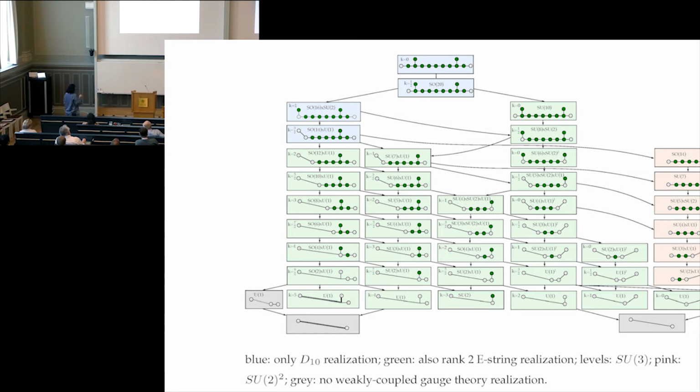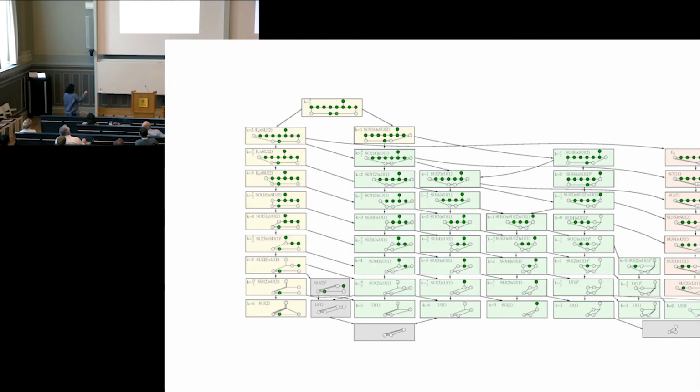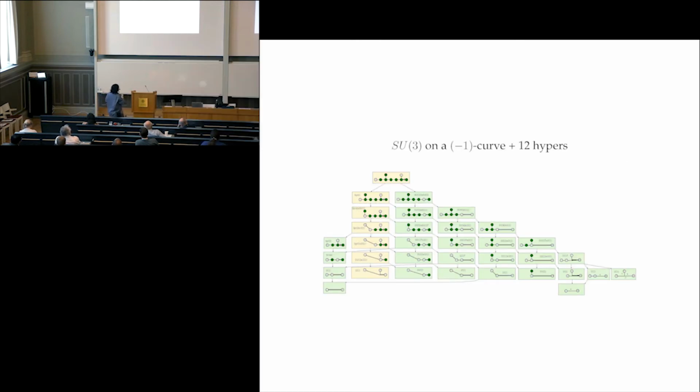From the rank 2 E string, we again do the same sort of tree, same rule. Here, these ones are generated only from this rank 2 E string. The green ones are overlapping with the D5-D5 conformal matter, and the gray ones are again without any weakly coupled gauge theory description. Okay, and then there are other curious ones.